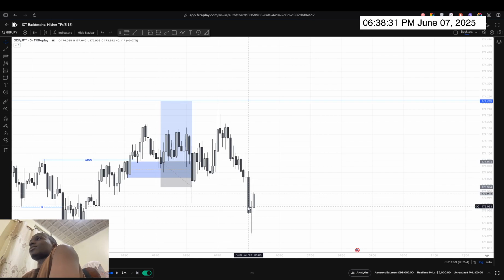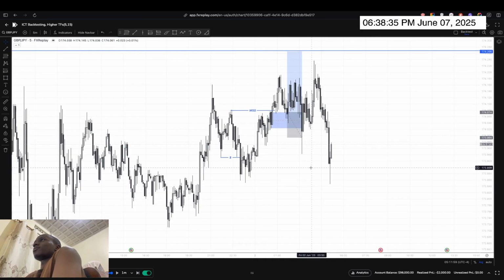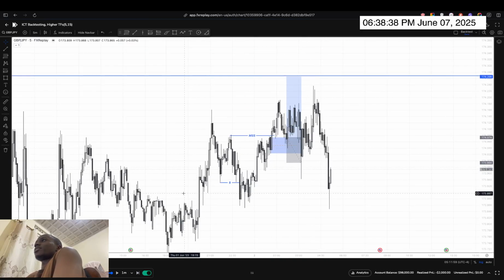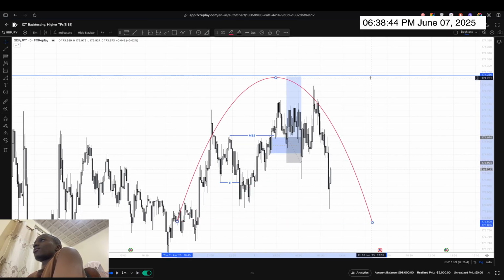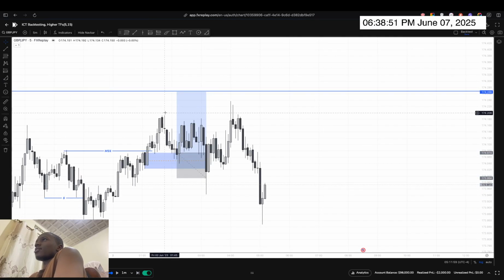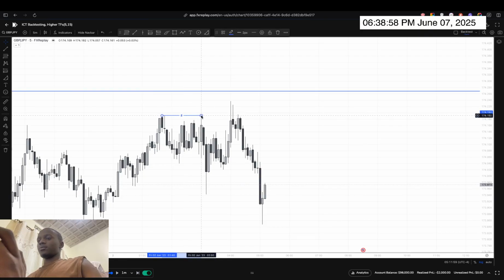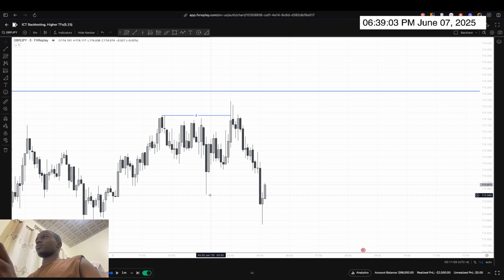So now see another small entry. Let's see the draw on liquidity right here. After this trade failing out, you can see that we're trying to form some kind of market maker sell model. From here up to here, we're pushing below. First off, we took out this high right there. So let's remove this, and this will be our sweep, and this will be our shift candle closed below the low.